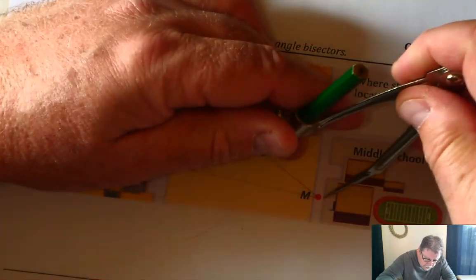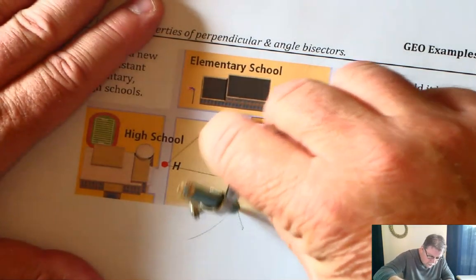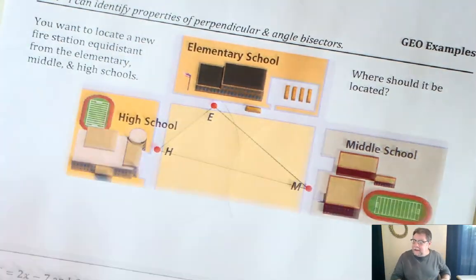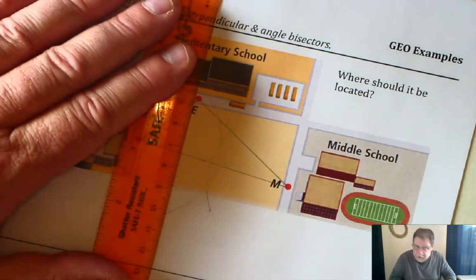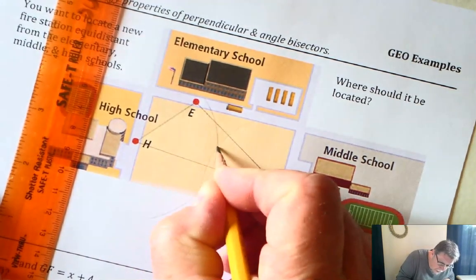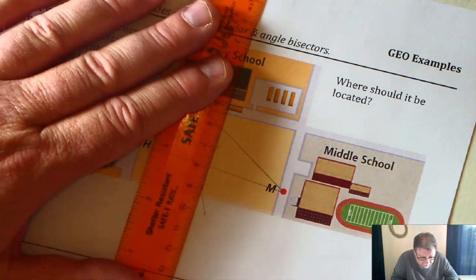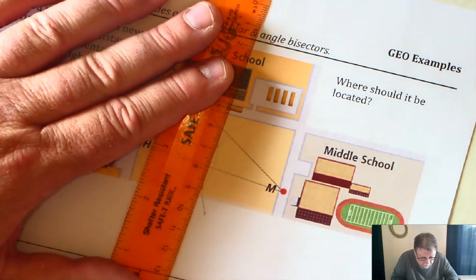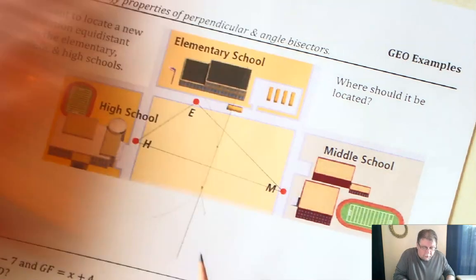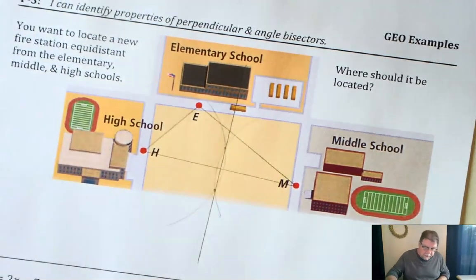Make sure I get that right. All right, so there's that. So if I draw the perpendicular bisector through this point and this point, somewhere on that line will be the fire station.